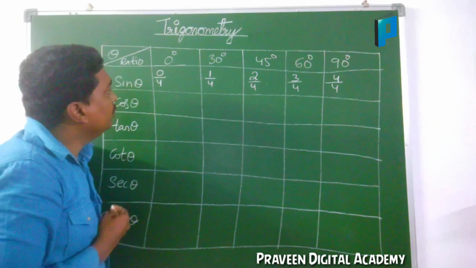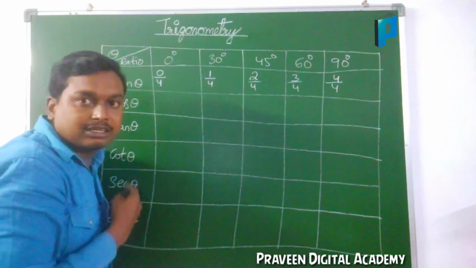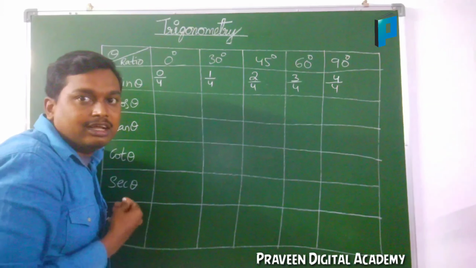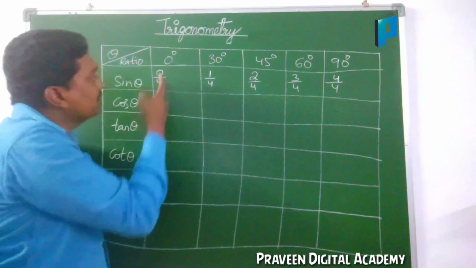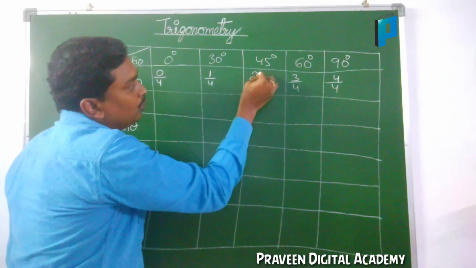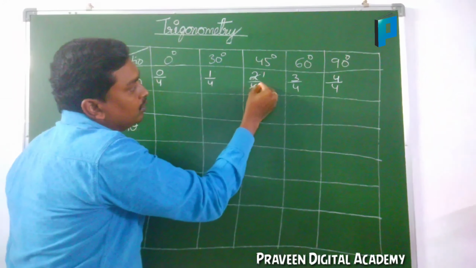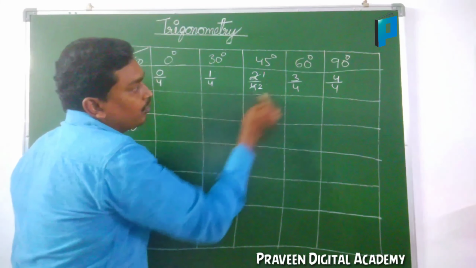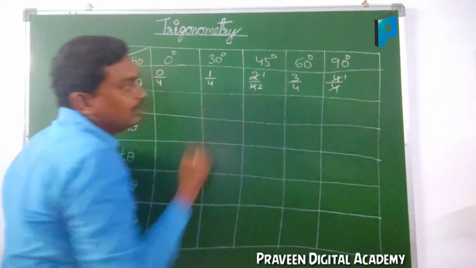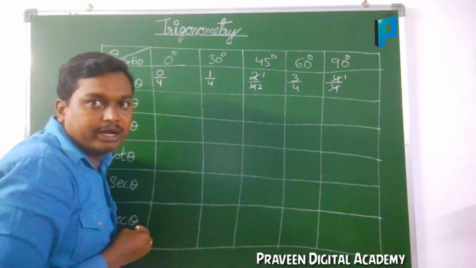Now let us cancel if any cancellation will occur. 0 by 4 is 0 only, 1 by 4 no cancellation, 2 by 4: 2 1s are 2, 2 2s are 4, so this will get cancelled. Here 4 1s are 4, 4 1s are 4, we got 1.